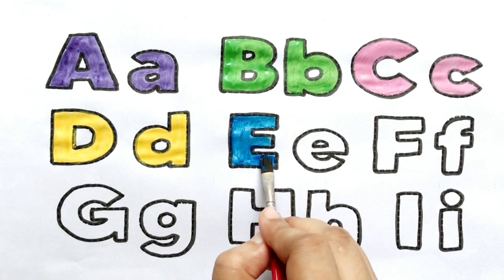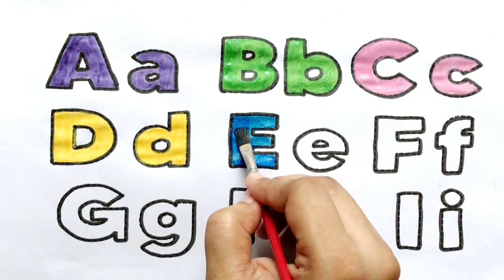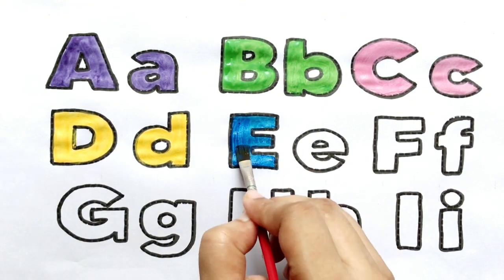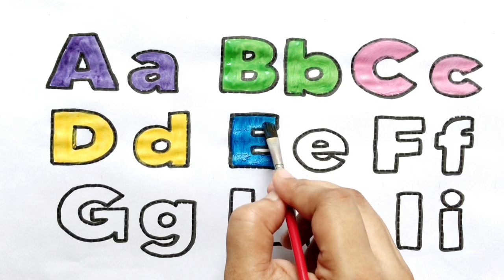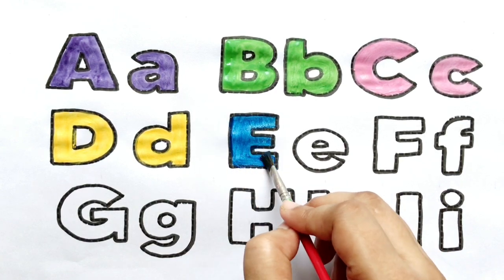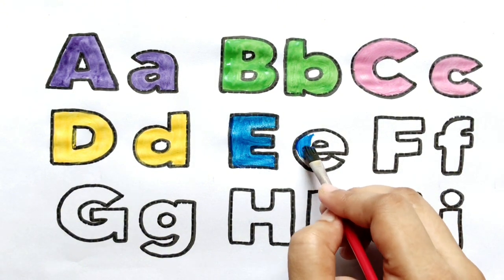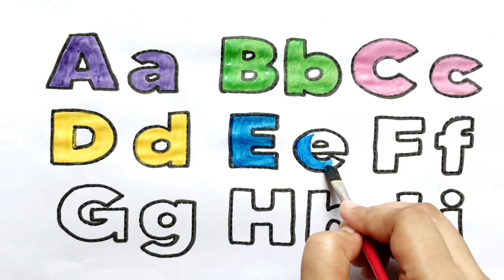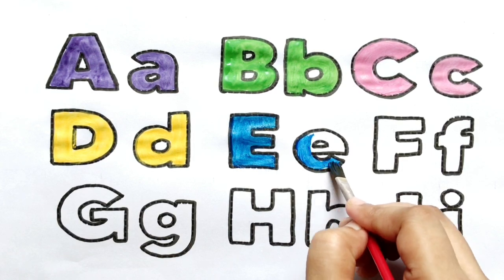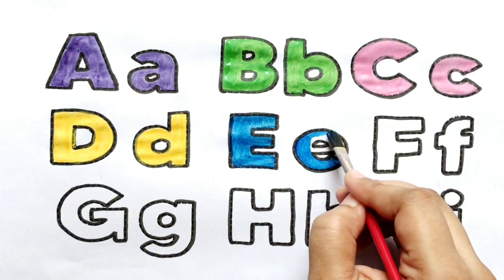A B C D E F G H I J K L M N O P Q R S T U V W X Y and Z. Now I know. Lowercase letter E. E for egg. Next time, won't you sing with me?